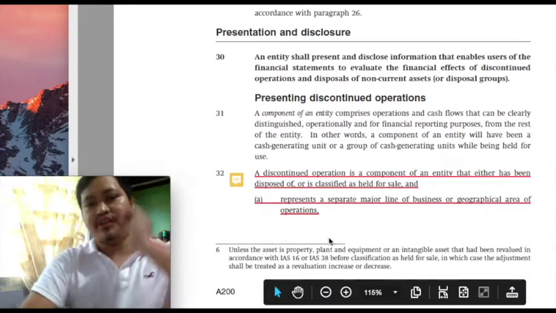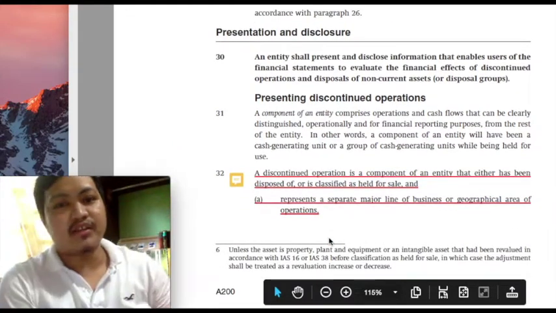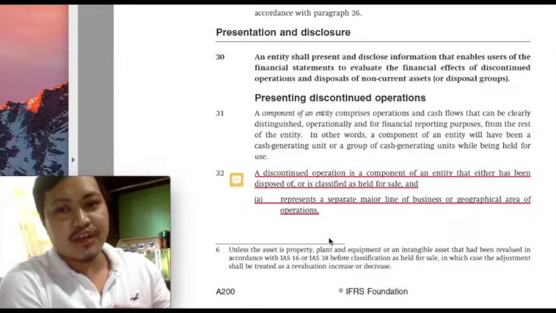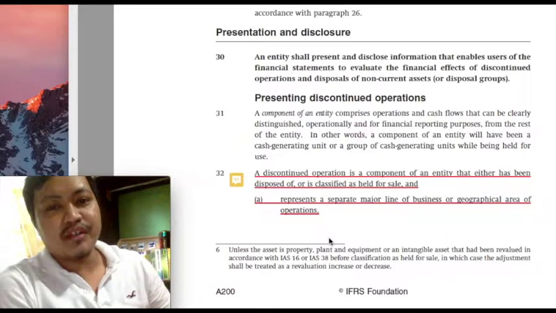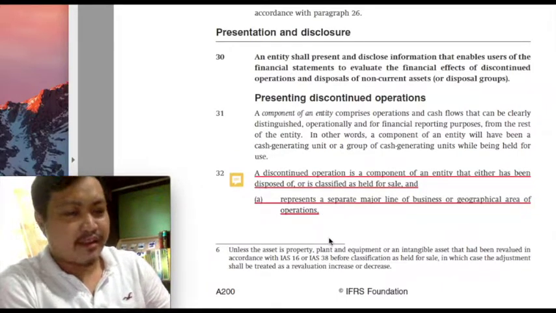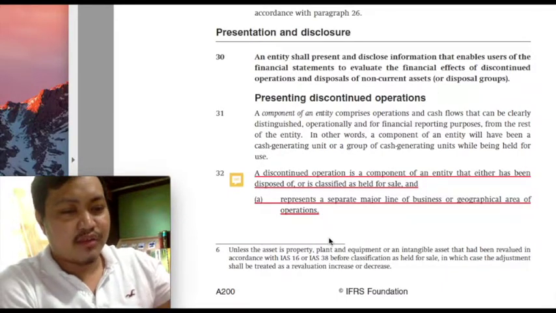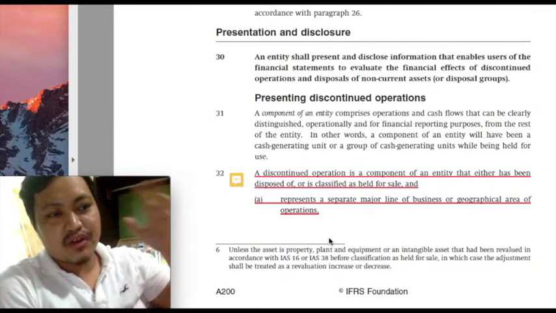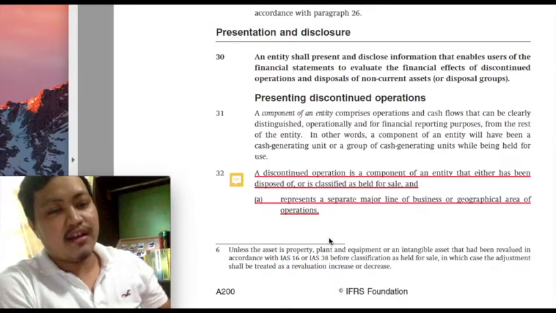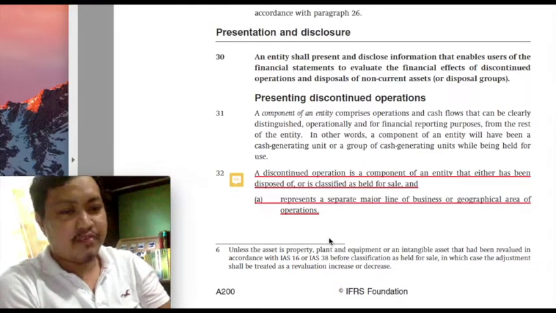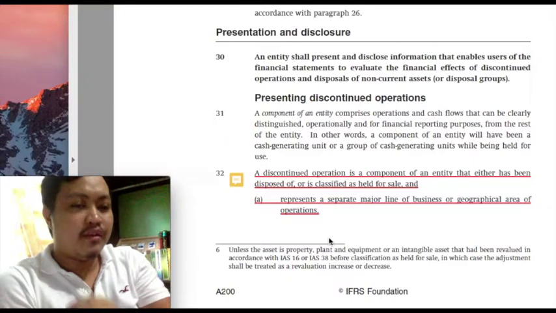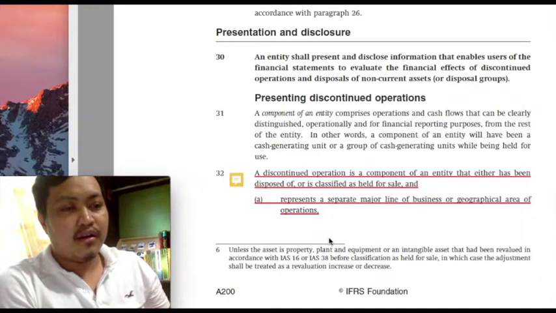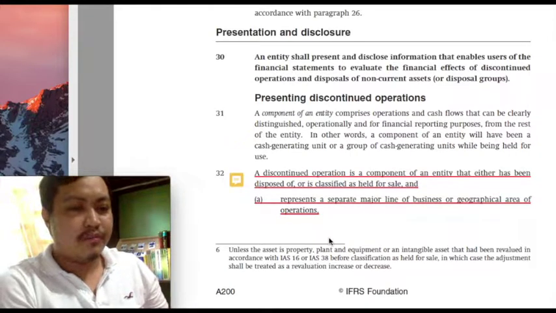Now, for presentation and disclosure, class, an entity shall present and disclose information that enables users of the financial statements to evaluate the financial effects of discontinued operations and disposals of non-current assets. As I've mentioned earlier, it's important to separate the information pertaining to your disposal group because it would inform the financial statement users that moving forward, these revenues or these expenses will no longer be part of our operations.